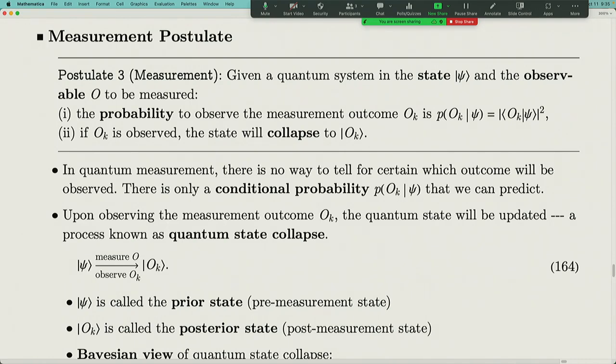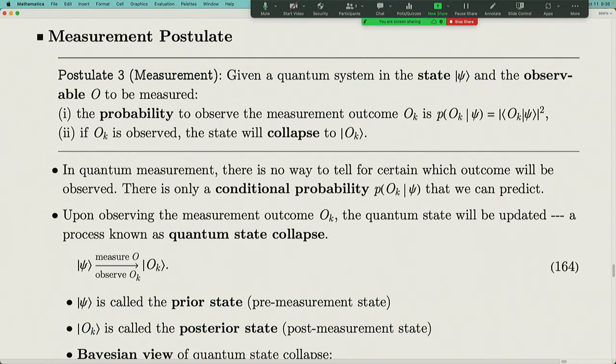It gets updated from the original state to the new state, where the new state corresponds to the eigenstate of the eigenvalue that you have observed. It's like taking the state, and if you measure O, then of course, with this probability, you can observe O_k.